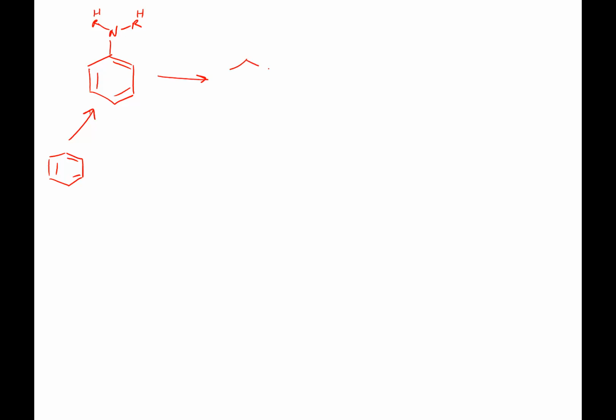So here's my synthetic scheme. I have my nitrogen group on the ring. Maybe I just put one alkyl group on there. And what I want to do now is put the sulfur group on. So I'm going to put an SO3H group on the ring. Then I'd like to put a nitrogen group on that OH. I can't do that in one step. So here's what I'm thinking.